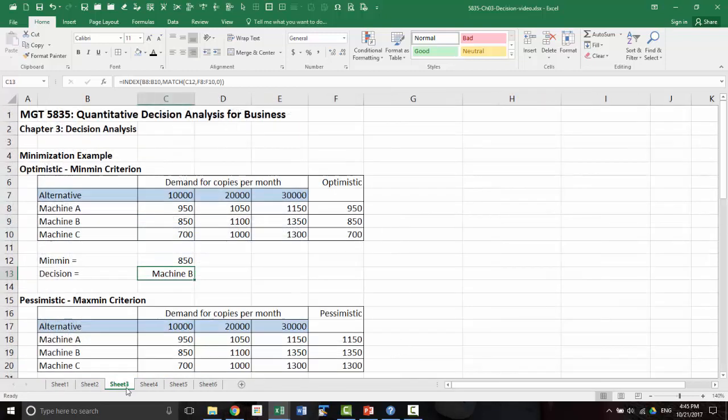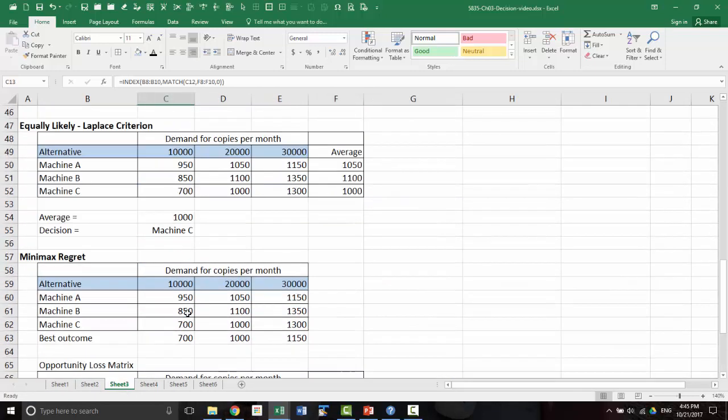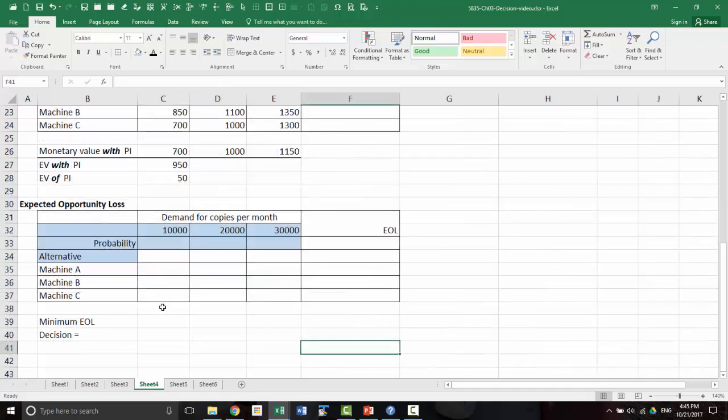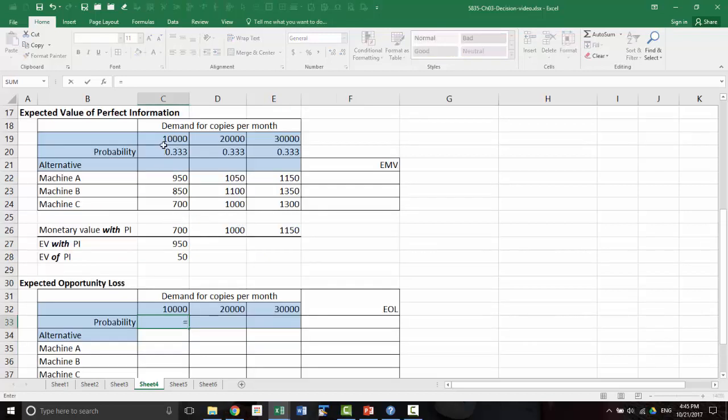Now expected opportunity loss. Okay, this is the same opportunity criterion from here, right? So we need the probabilities and then the regrets. The regrets will be the outcome minus the best outcome.